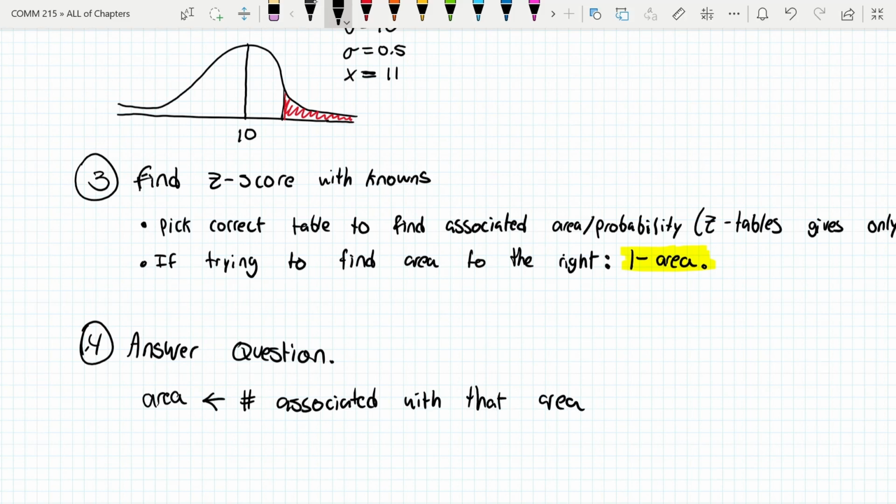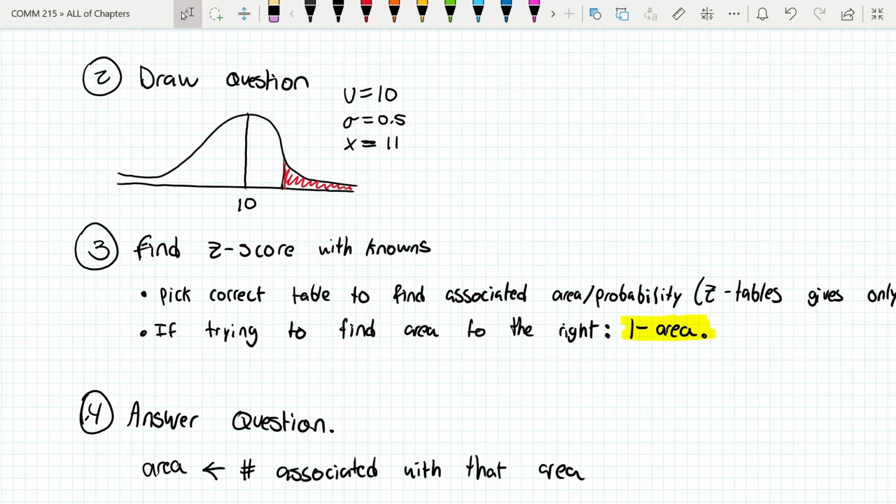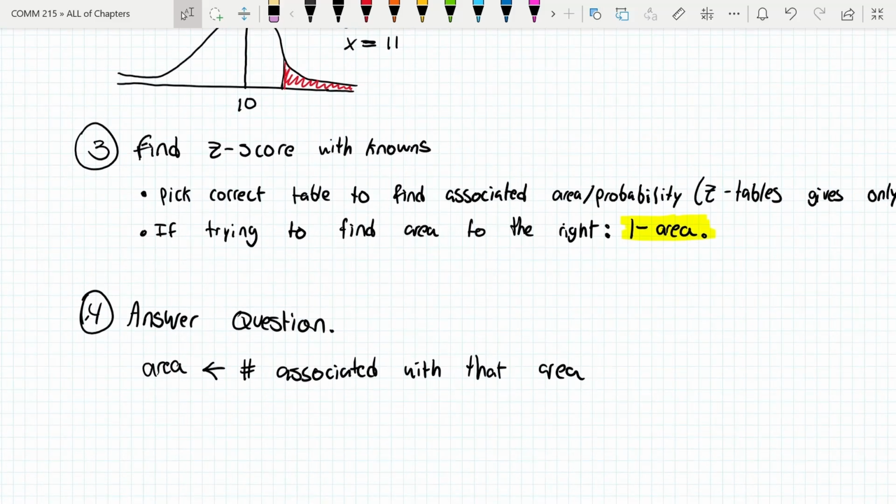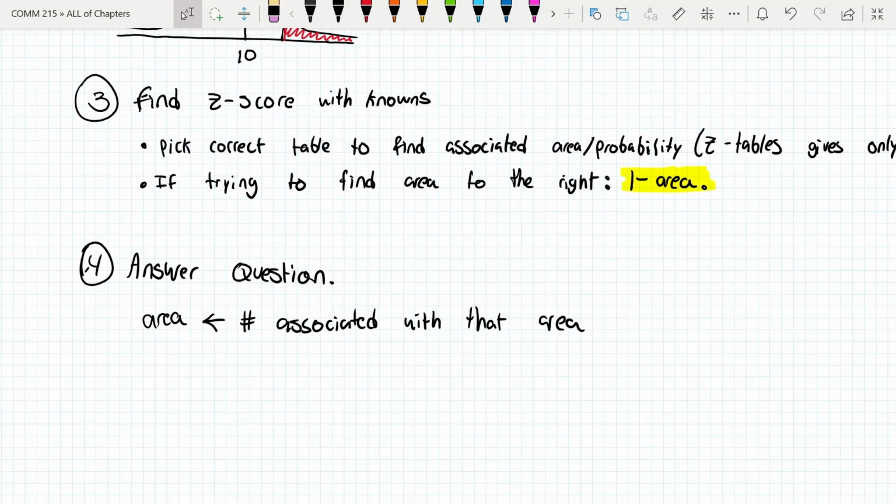So let's say, like I said before, they want the area to the right, or the probability to the right of 11, and they also want to find how many people would be above that. You would have to find your area, and then all you have to do is take your sample size, your n, with other formulas. So your n times the area, and that would give you pretty much this.